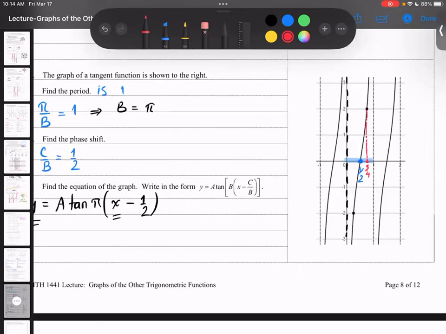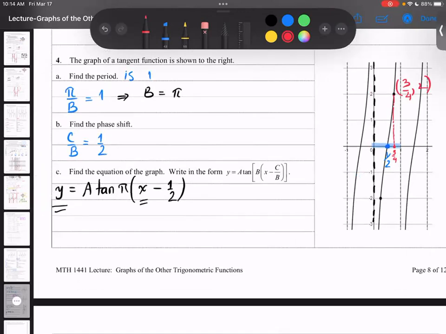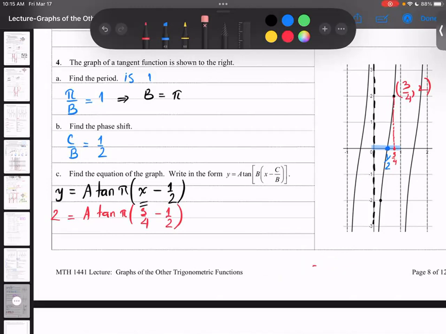So I have 3/4, comma 2. The red dot, that little dot right there. Plug it in, 2 for y. A tangent pi, x is 3/4 minus 1/2. Double check.